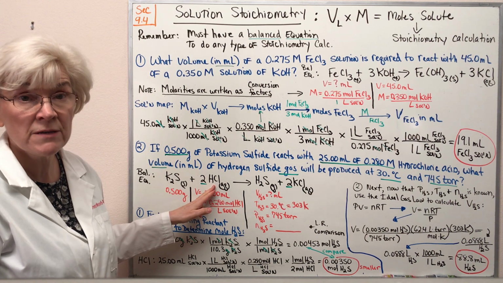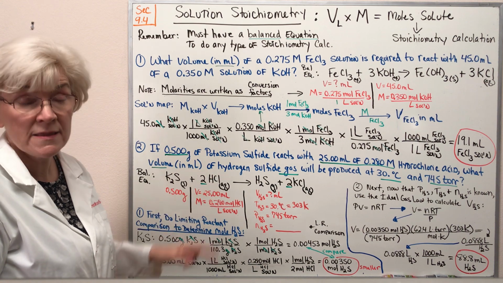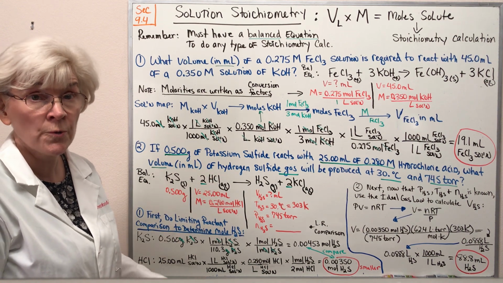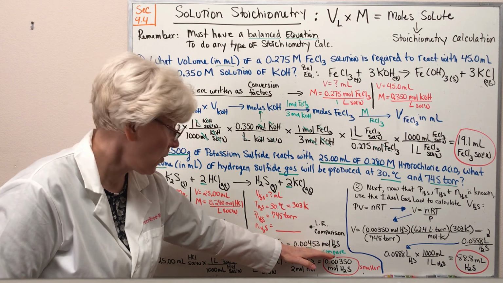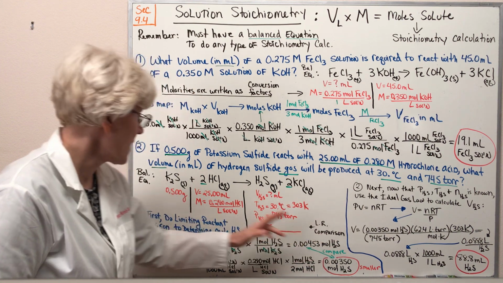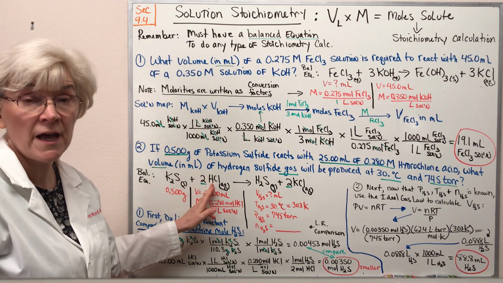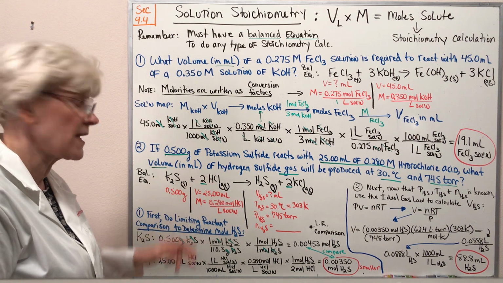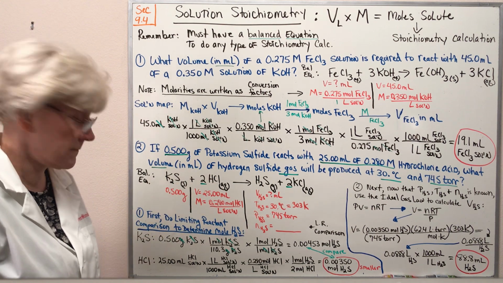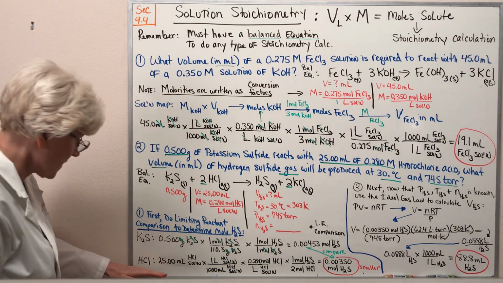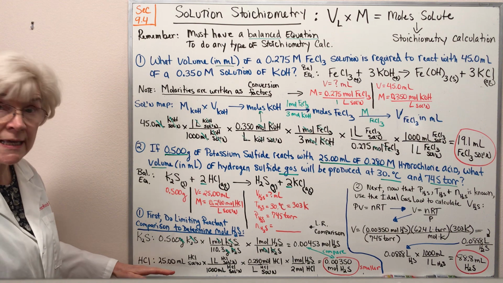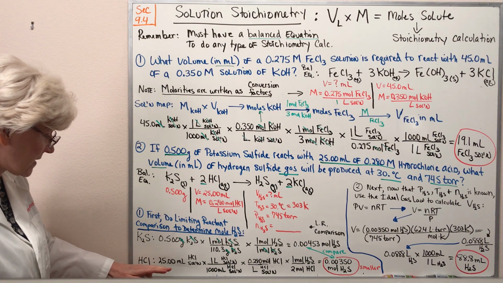Maybe it's the limiting reactant. Maybe the hydrochloric acid runs out first and we can't make this mole amount of hydrogen sulfide because we don't have enough hydrochloric acid to react with the potassium sulfide.